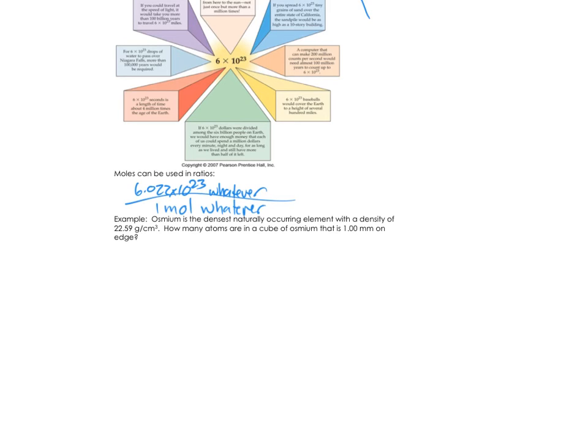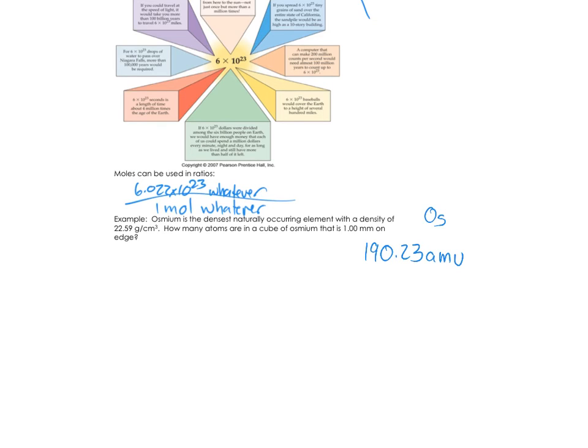So we're going to have to introduce something that we're not quite ready to talk about. It's in chapter 3, but you should be familiar with it from Chem 4, molar mass. Molar mass effectively says that, as we talked about already, if I look at osmium, the average mass of any given osmium atom is going to be 190.23, and it's going to differ based on different isotopes.